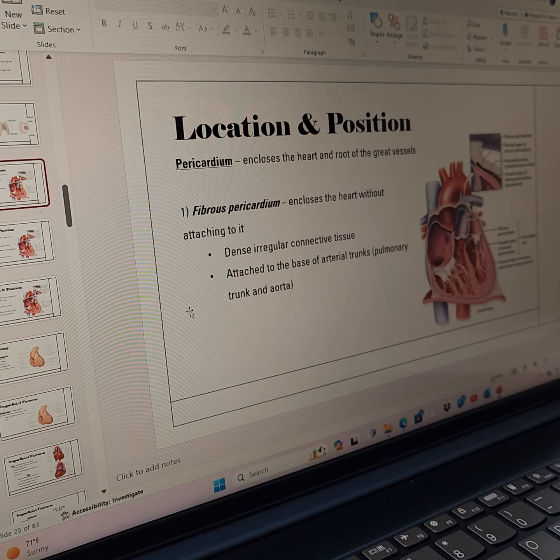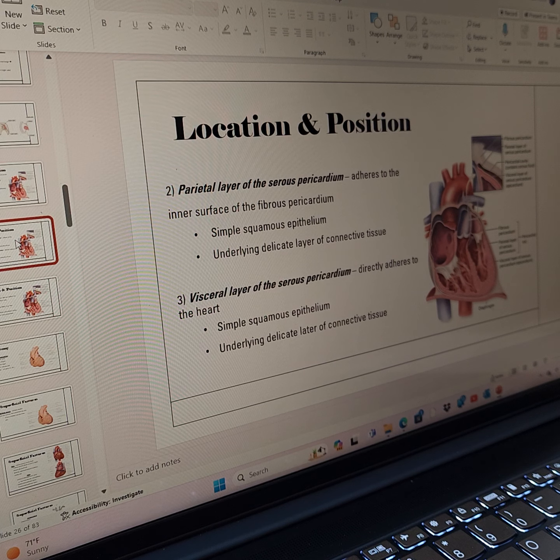It's dense, irregular connective tissue attached to the base of the arterial trunks, pulmonary trunk, and the aorta. The parietal layer of the serous pericardium, this is number 2, adheres to the inner surface of the fibrous pericardium.